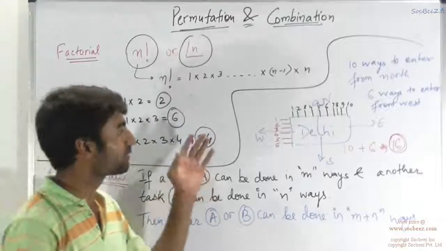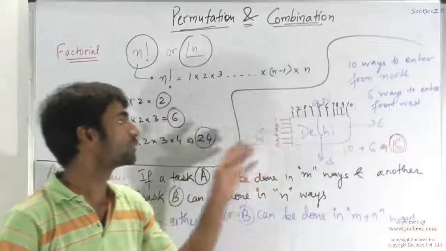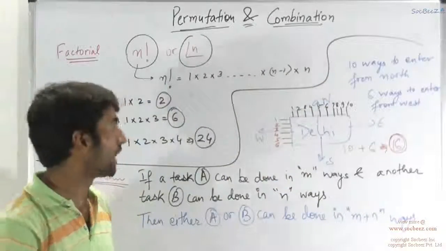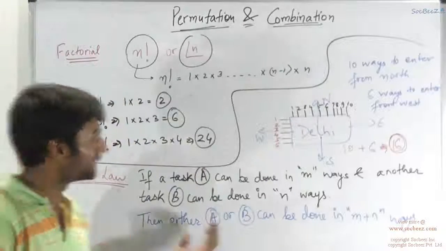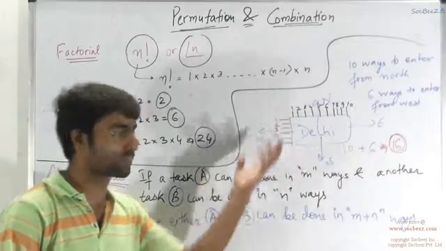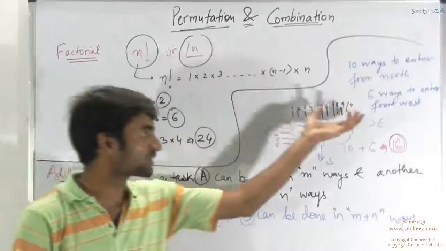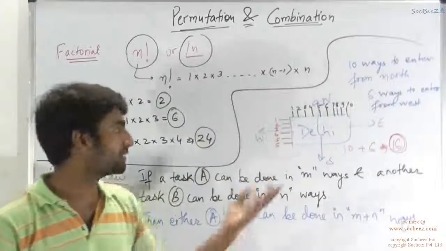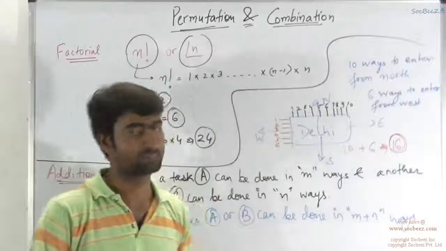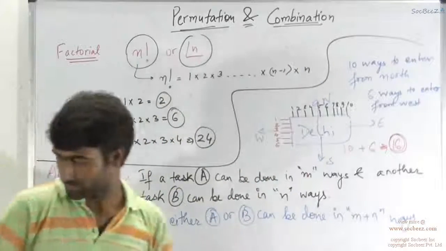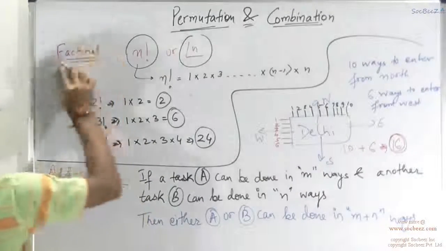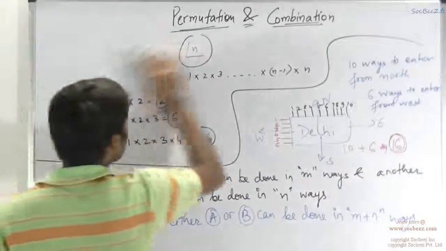You can't enter from gate 2 of the west as well as gate 7 from the north. You have to choose any one of them, either from the north or from the west, not both, because you are only one person and can enter from one side only. Now we will be doing the multiplication law.